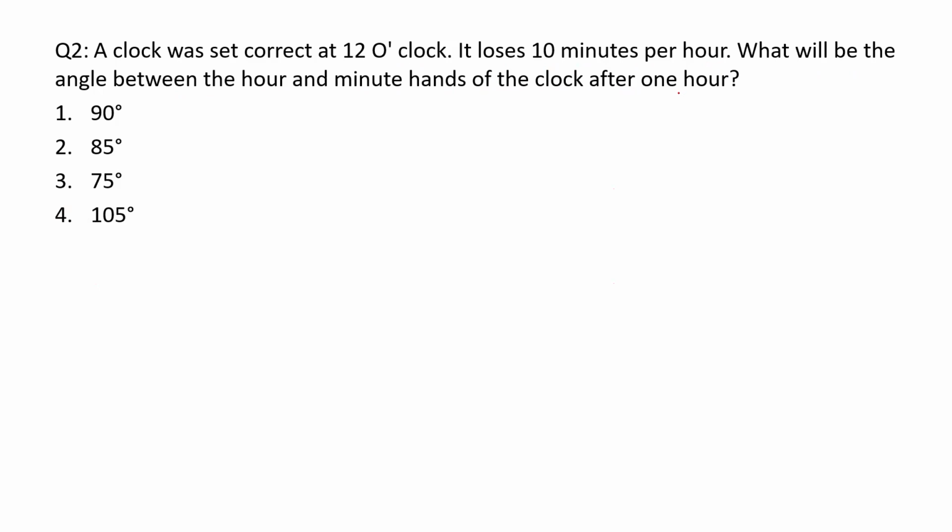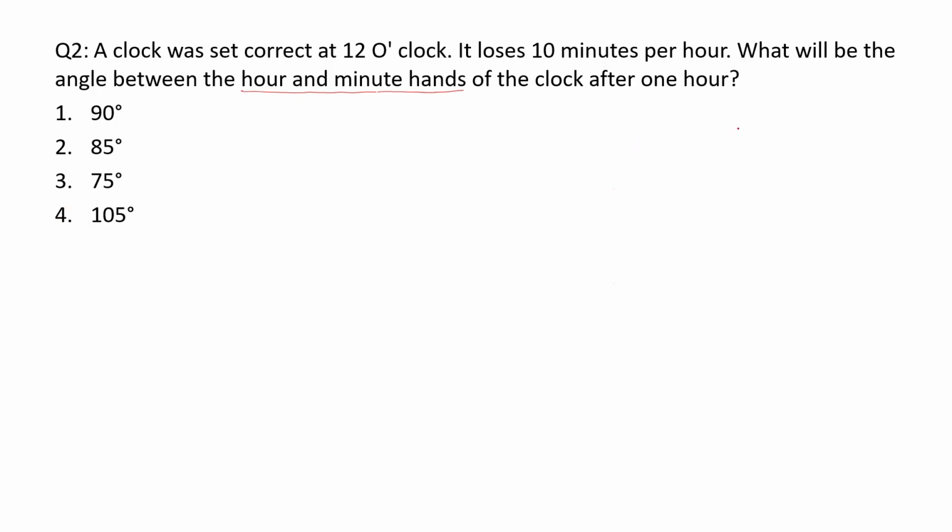Is the problem clear? If not, just pause the video and read the problem by yourself. So they are talking about a clock which is set at 12 o'clock, and they're asking about the angle between the hour and minute hands.